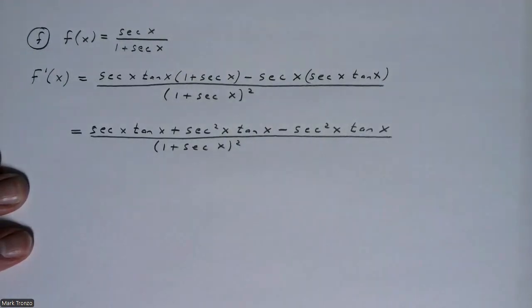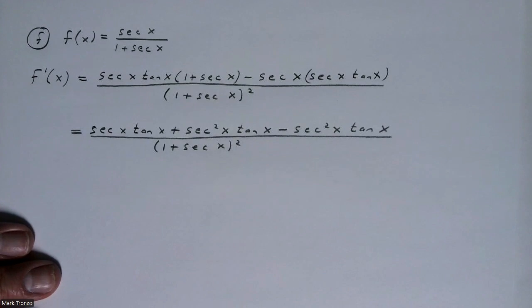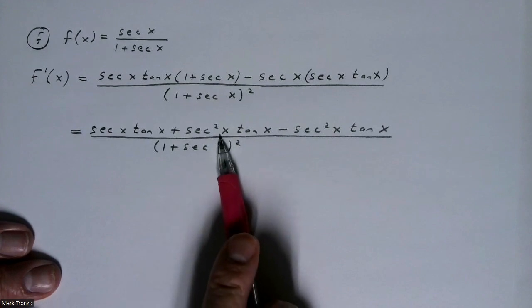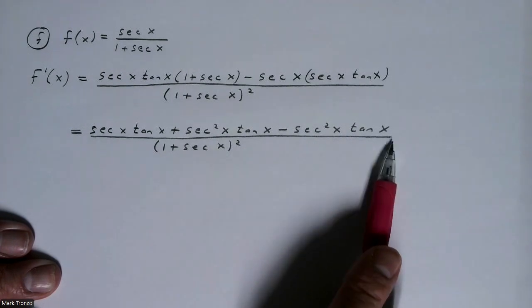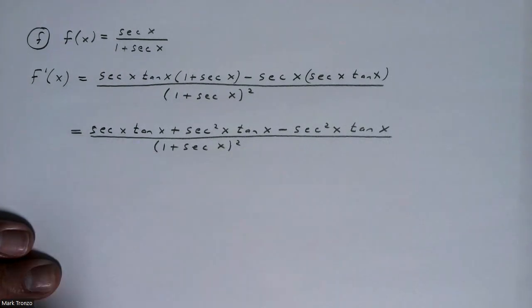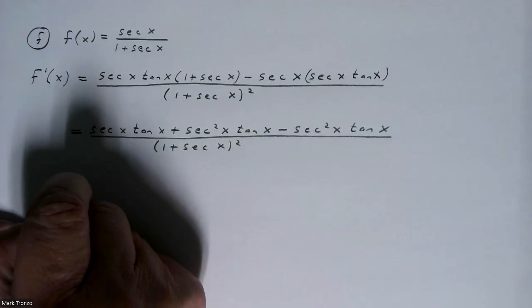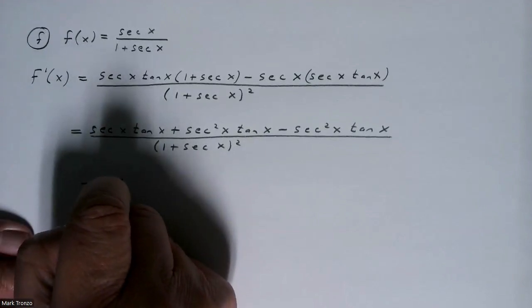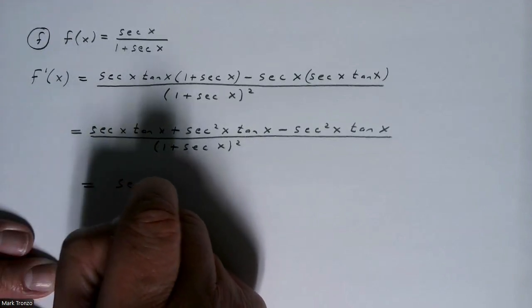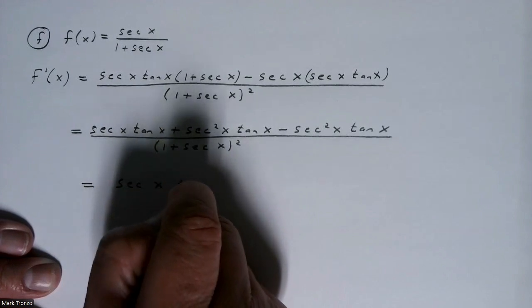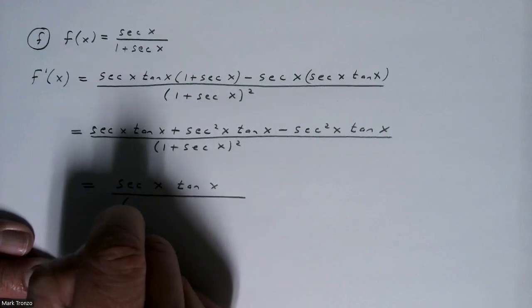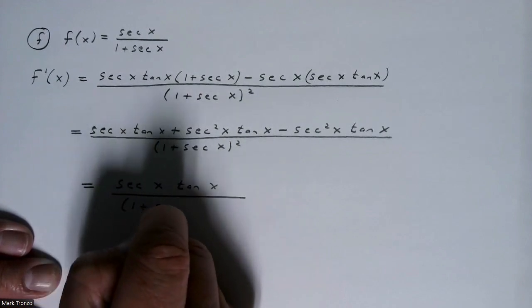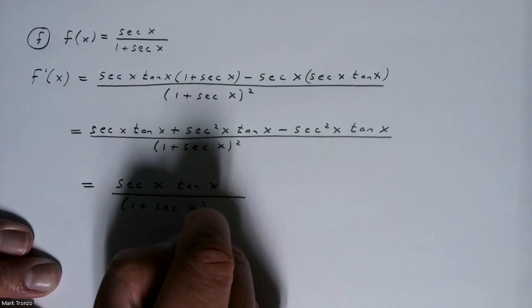And notice what we have here, secant squared times tangent minus secant squared times tangent is just going to leave us in the numerator with secant x tangent x, over 1 plus secant x squared, like that.